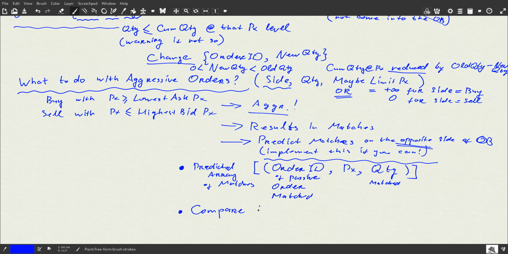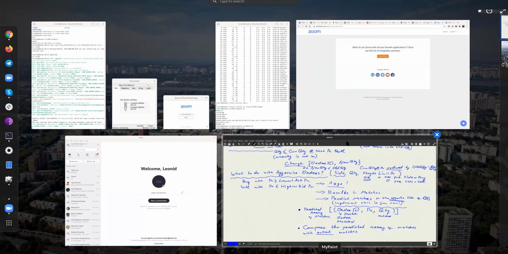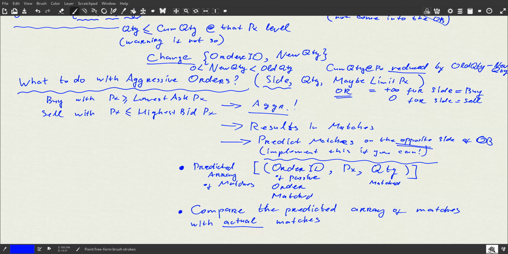You compare the predicted array of matches with actual matches. How do you calculate the actual matches? How do you know the actual matches? Think about this for a minute and we will discuss it when you come with some solution.